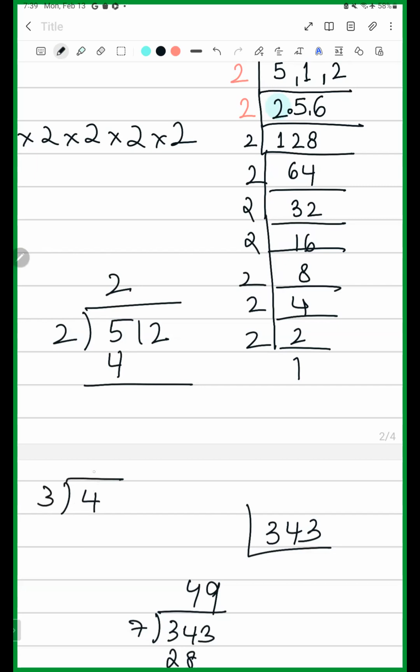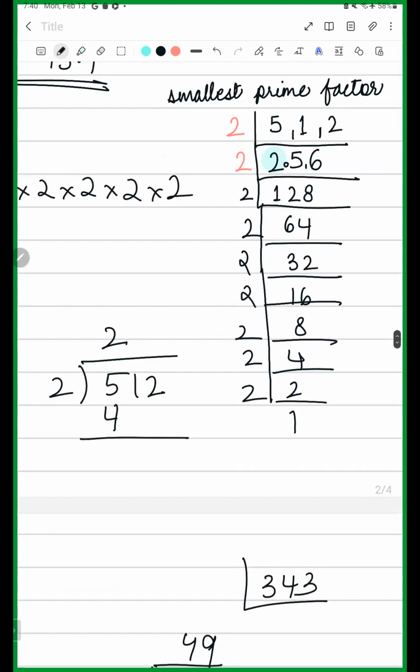Hiba, you get 1 in the quotient, but you have 1 in the remainder also, no? आपका रिमाइंडर भी तो कुछ आ रहा है. You're not supposed to get a remainder here. आपको सिर्फ उन्हीं चीजों से डिवाइड करना है जो कि एक्चुअली में उसके फैक्टर्स हैं. All of these 2s are actually a factor of the 512.